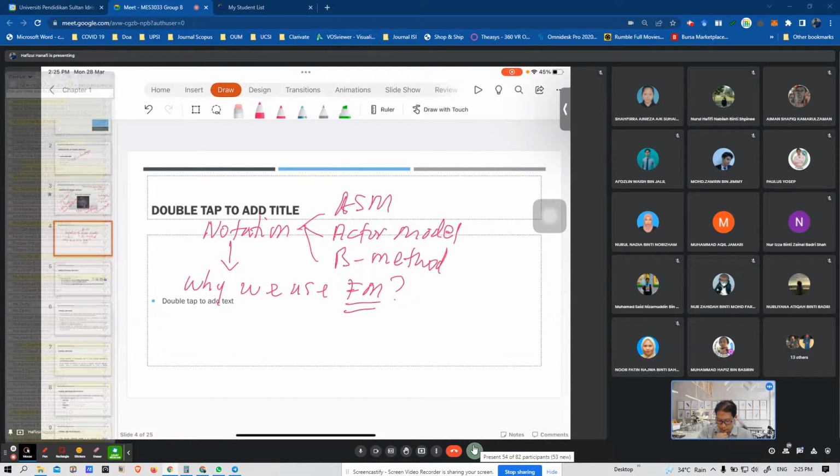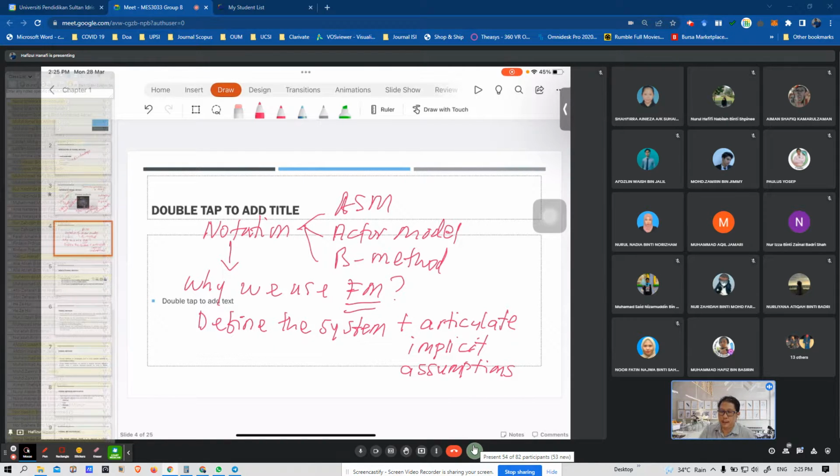Because they help to define the system and articulate implicit assumptions. Kita akan banyak guna assumption dalam formal method ni. Assumption and semantic.